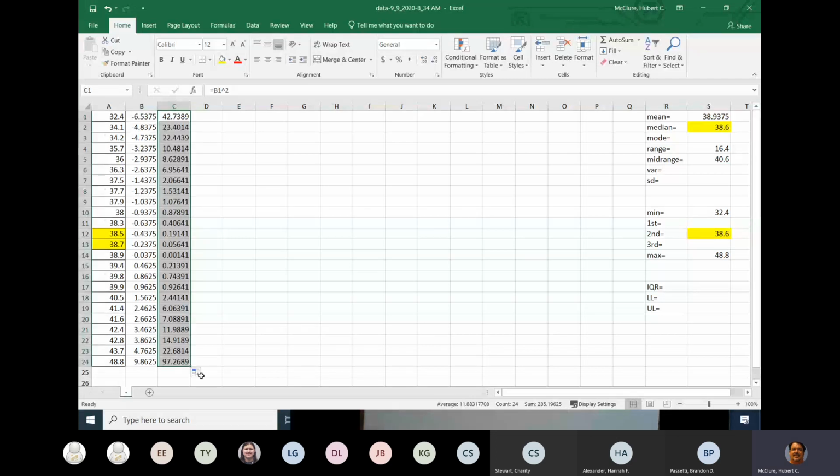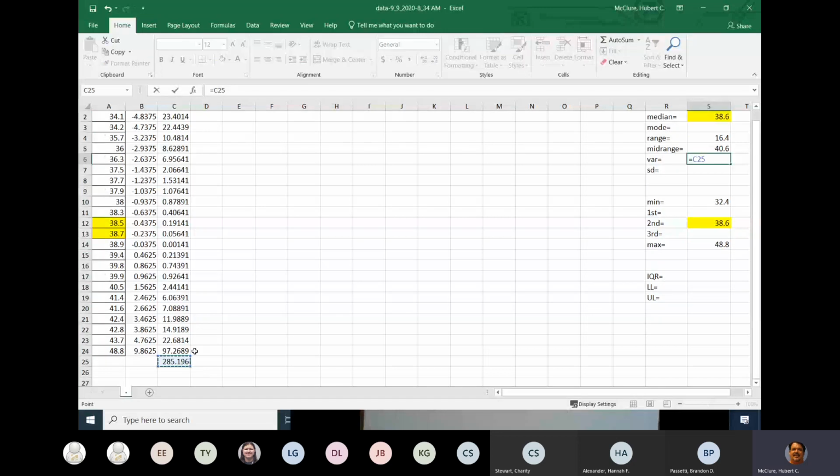And summation. And that is your numerator for your variance. So equals this divided by 23, which is 24 minus 1. And then this is going to be the variance raised to the 0.5 or the 1/2 power, or take the square root of it.